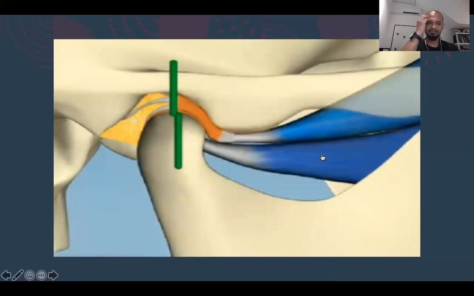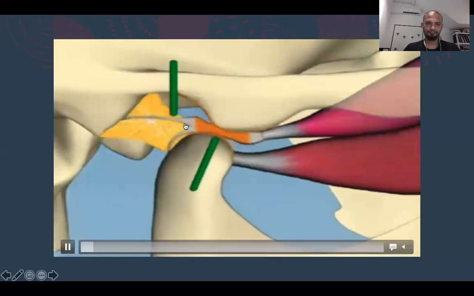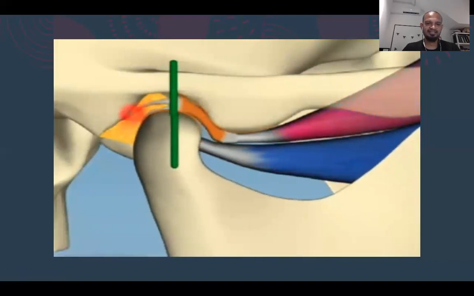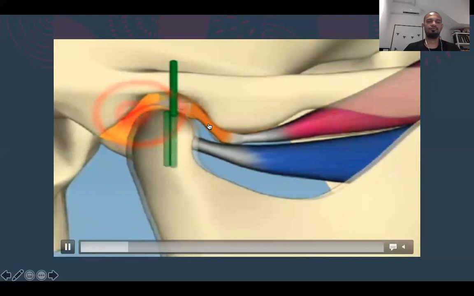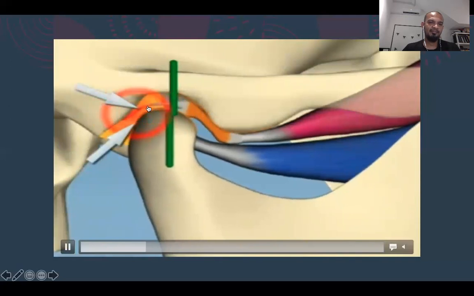And as the disc now displaces anteriorly, due to many causes, which can be muscular and other causes also, a few things happen. The lamina posteriorly are being stretched. And we can see that the posterior band of the disc is moving anteriorly, which again displaces the condylar head more posteriorly.